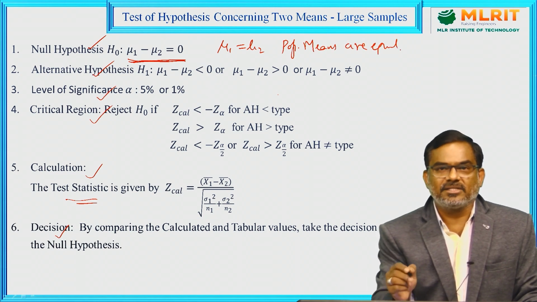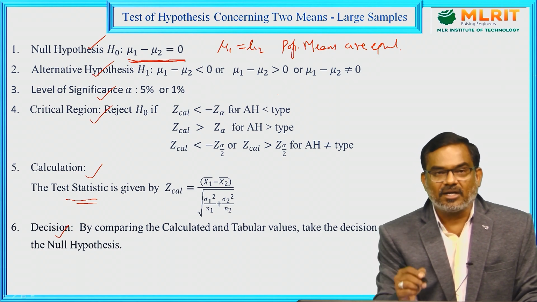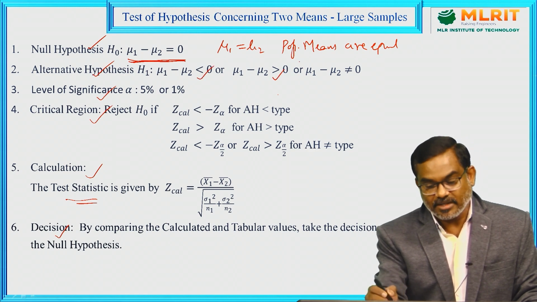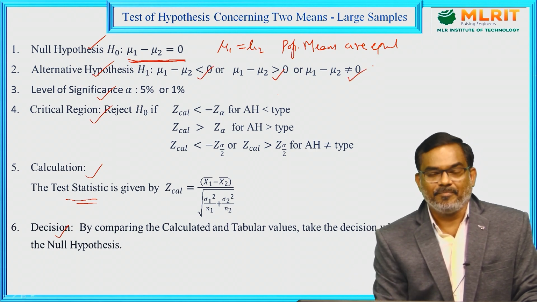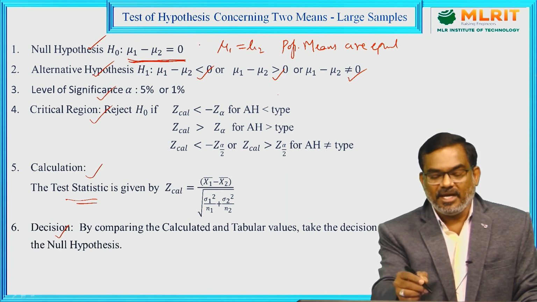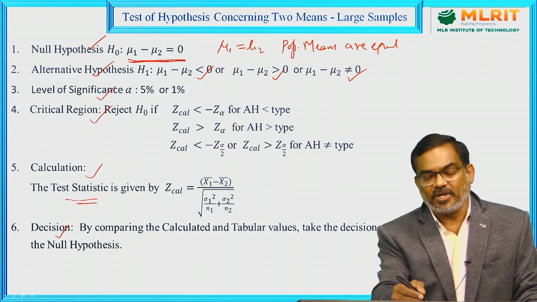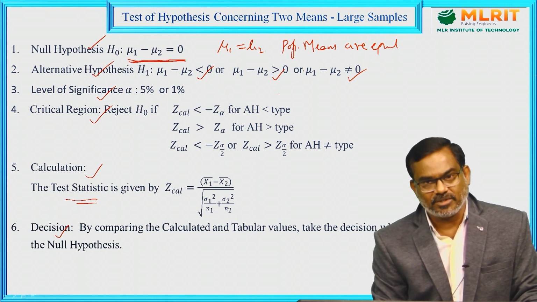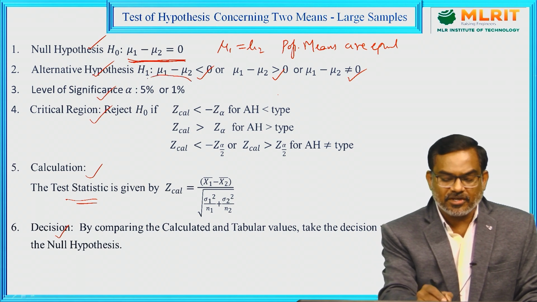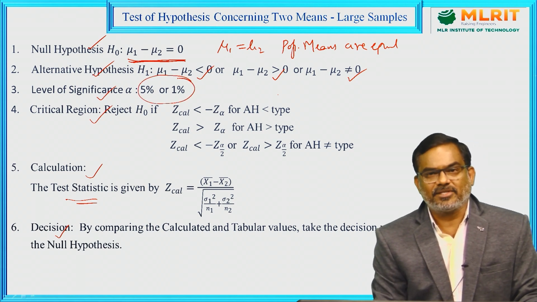And we test this null hypothesis against the alternative hypothesis mu1 minus mu2 less than 0, or greater than 0, or not equal to 0. So we test the null hypothesis mu1 minus mu2 equal to 0 against one of these three alternative hypotheses. The third step is level of significance, and the most general values for alpha are 5% and 1% level of significance.